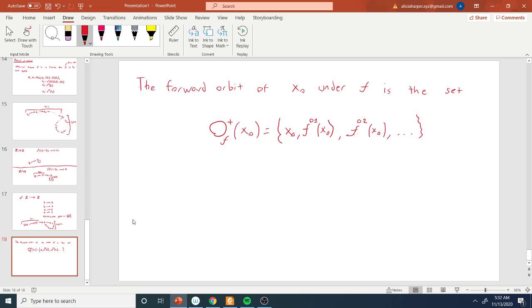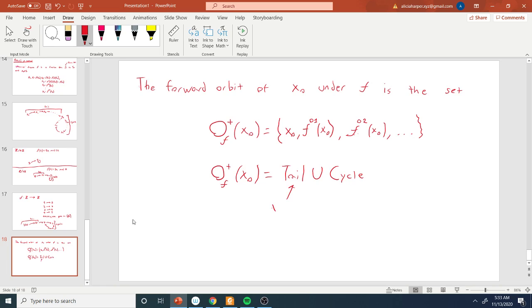First off, this will be a subset of a finite set, so of course it will be finite. And we can always express it as the union of two parts. One is the tail, and one is the cycle.